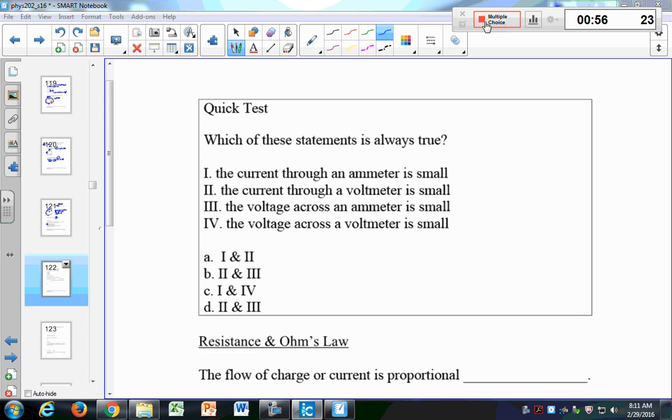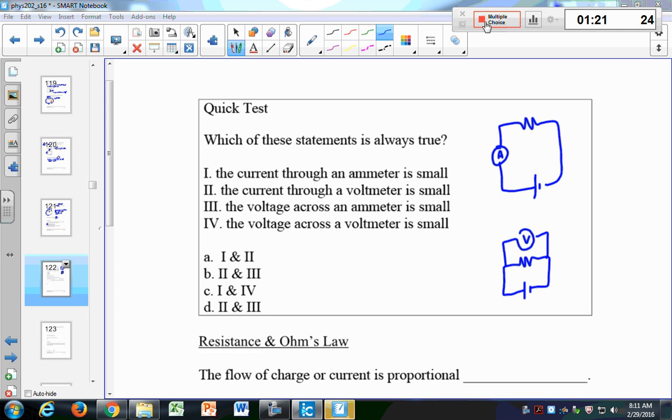I'm going to draw the two circuits. We don't really necessarily need Ohm's law in order to answer this, but I want you to think about this.